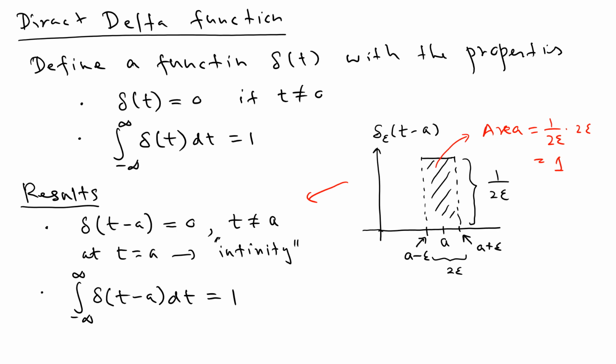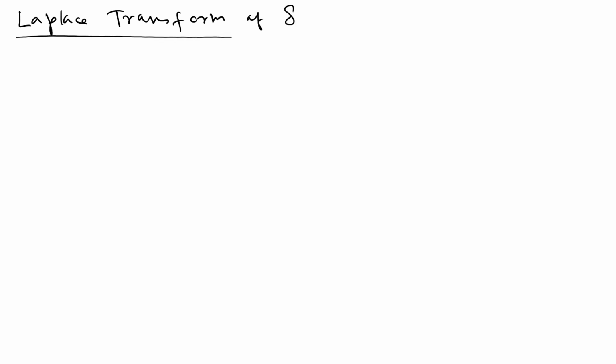Good. And then there are a few other things. The most important one for us is the Laplace transform. So let's talk about the Laplace transform of the Dirac delta function. I'm going to give the result. We can use the definition again.